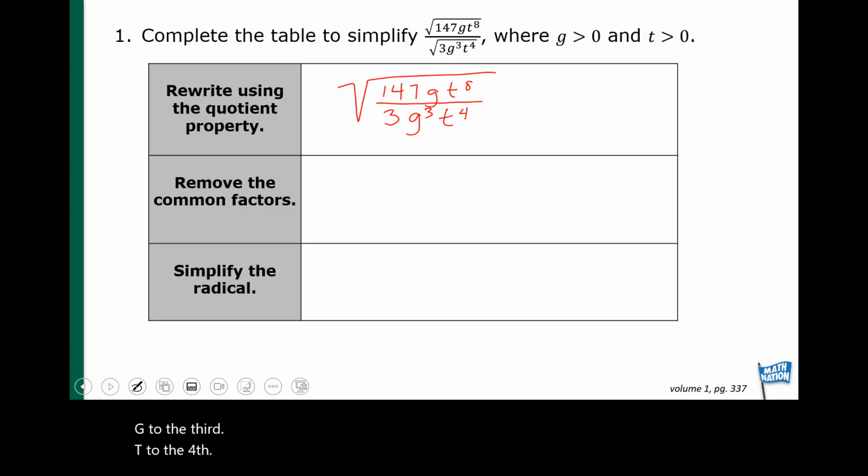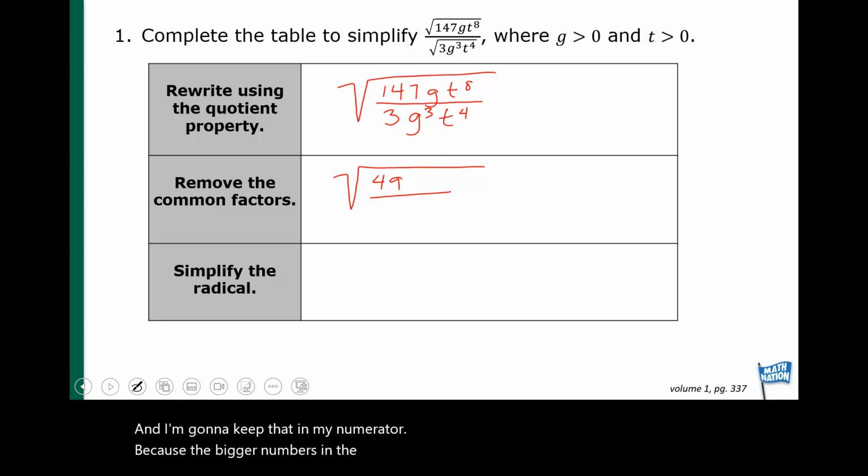Now let's remove the common factors. We are going to divide 147 by 3, still with that long square root symbol. 147 divided by 3 gives us 49, and I'm going to keep that in my numerator because the bigger number is in the numerator. Then let's look at our g's. This is g to the 1st divided by g to the 3rd.